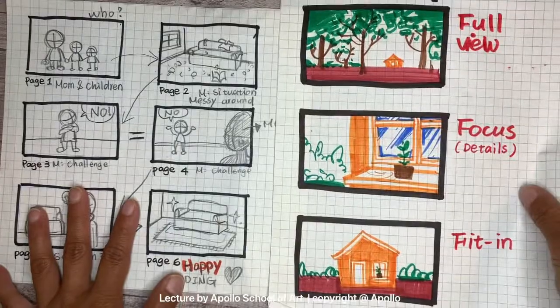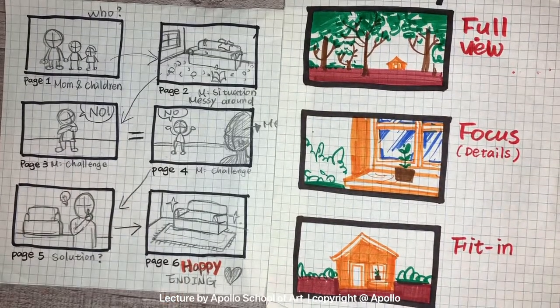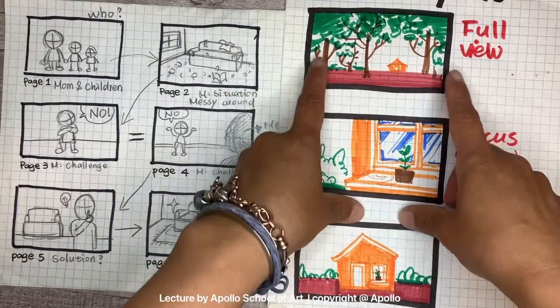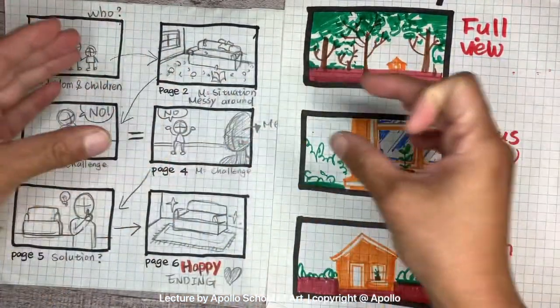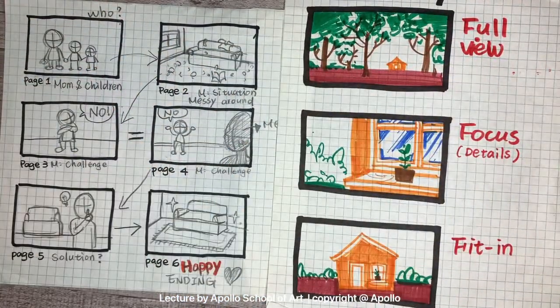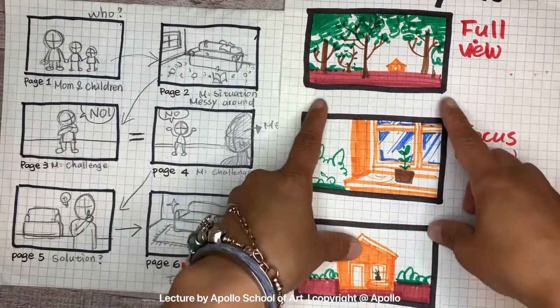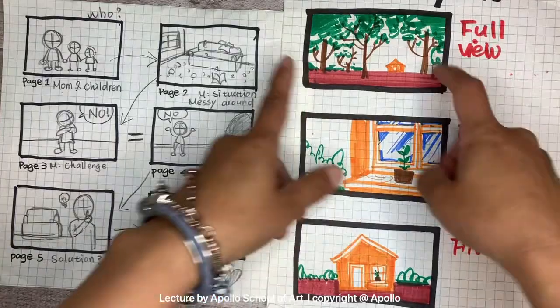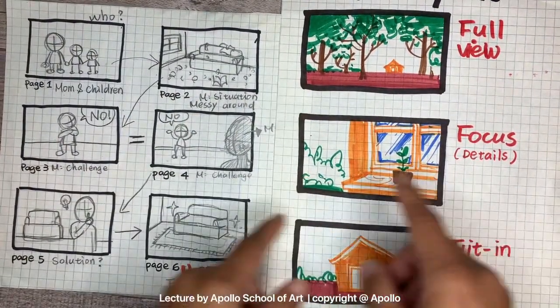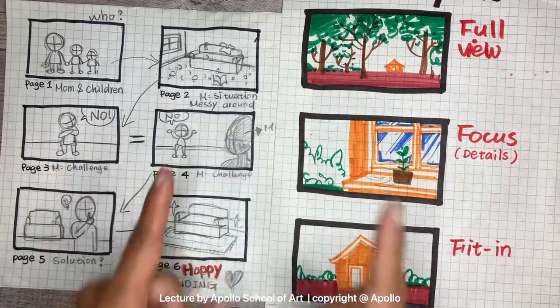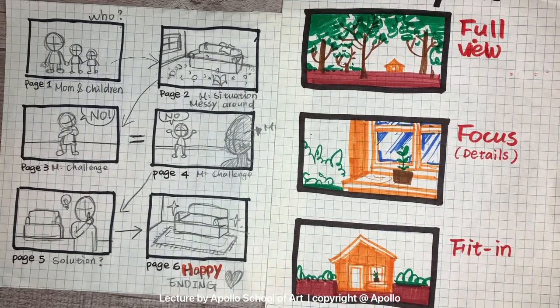So remember the layout. We require you to have a full view, something where you can see the entire location and tell where they are. You need to include a full view in your story, and the focus, where we focus on one object and we can see a lot of detail.